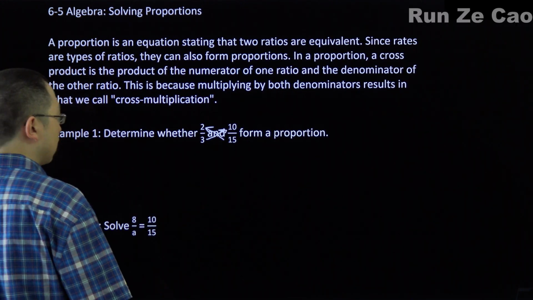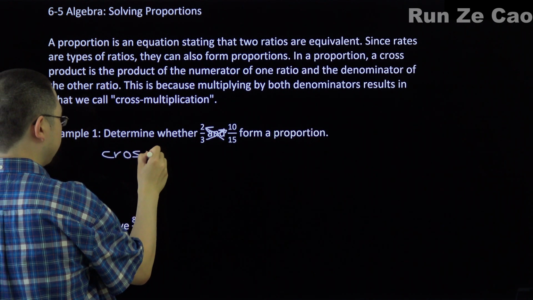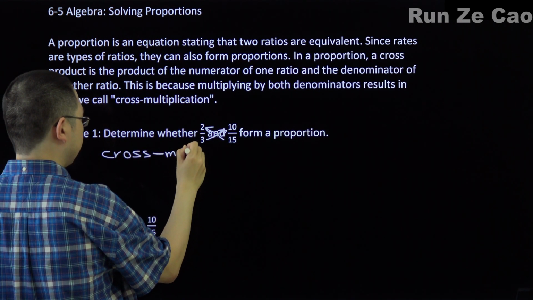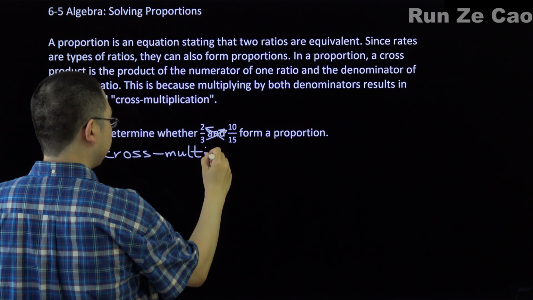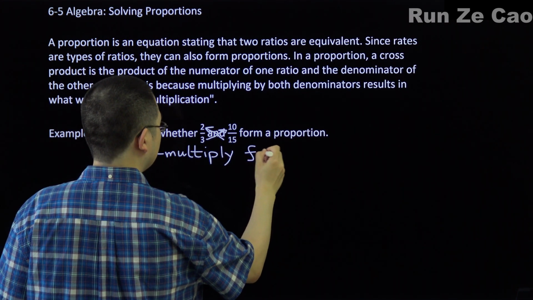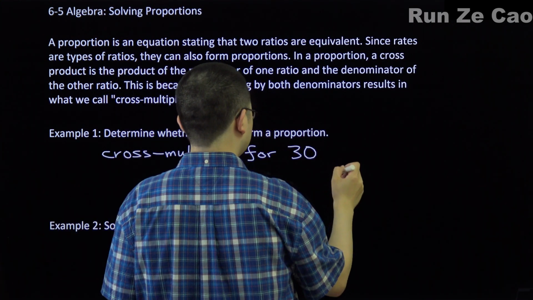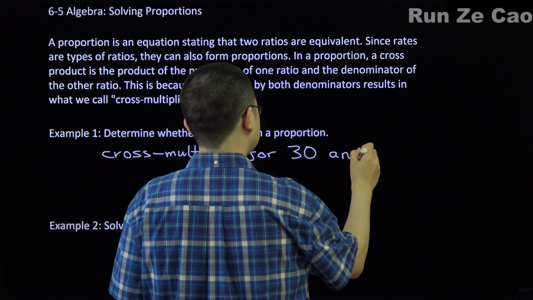So, if we cross multiply, we get 30 and 30.